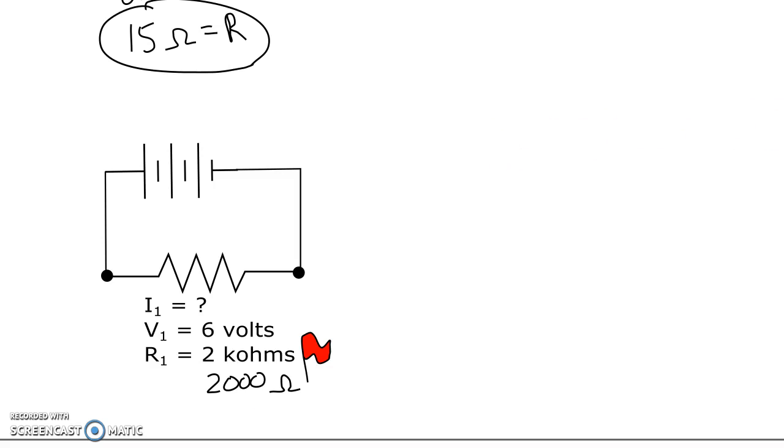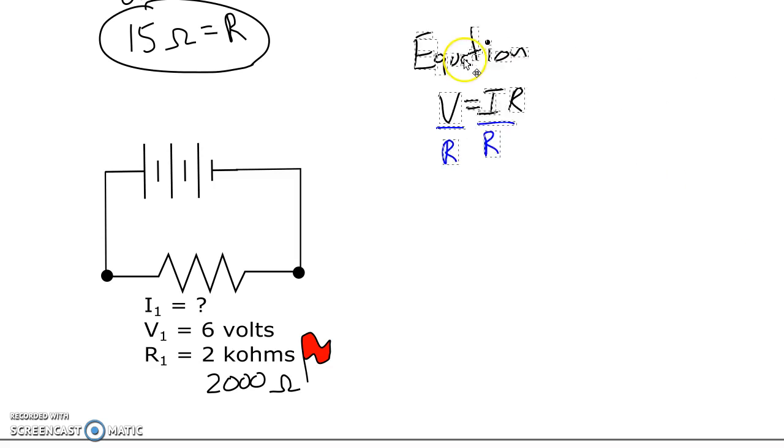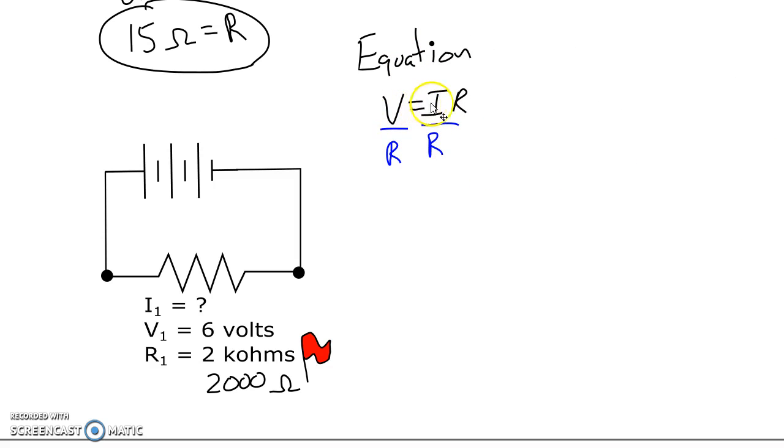Now, when we go ahead and do this, we're going to take our equation V equals IR. Notice again, I want to get the I by itself, so I'm going to divide by R. The reason I divide by R on this side is because it cancels out here and here, and then I'm left with just the I, which is my goal.